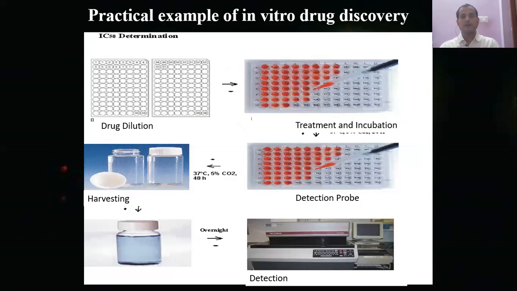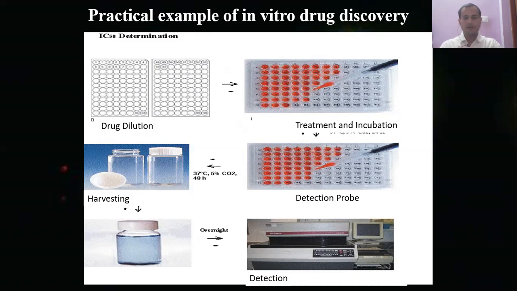So here is a practical example of in vitro drug discovery. It's just a representation. How to determine the IC50 value? The top left panel is showing a 96-well plate. It's just representative; you can use several other kinds of plates recommended for different assays. You make a serial dilution of the drug in these plates, put in your cells or your particular enzyme, and incubate for the recommended time.